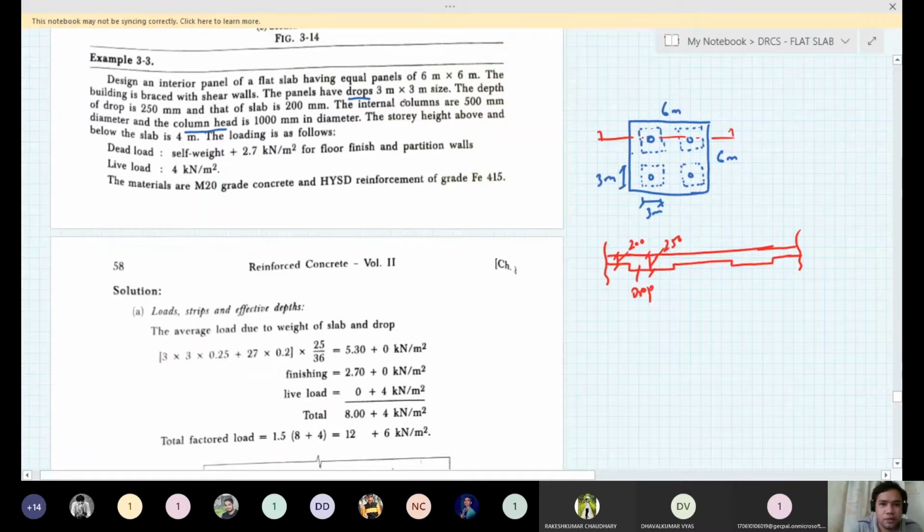The internal columns are 500 mm diameter, so the diameter of this column is 500 mm, and the column head is 1000 mm. So you have a column head also, so around this you have a column head, so it would be like this.